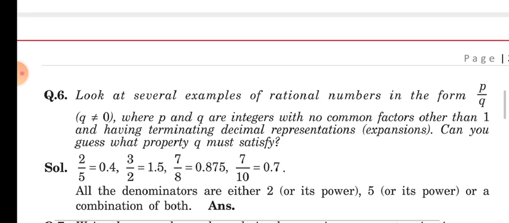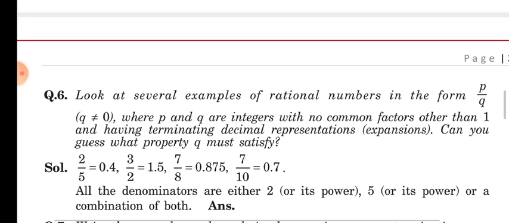Now the question is, can we express a rational number p by q, in which p and q are co-prime, which we already know, such that when we convert it to decimal it should be terminating? So can you tell some examples?